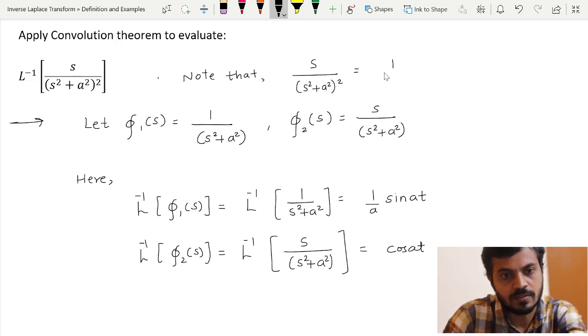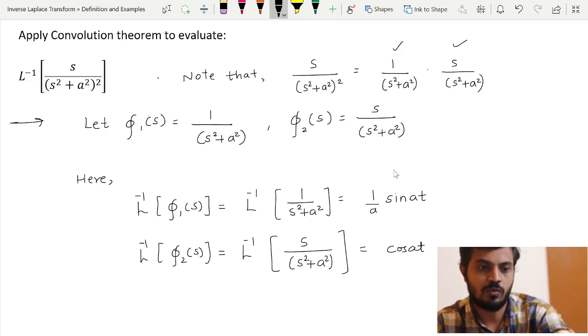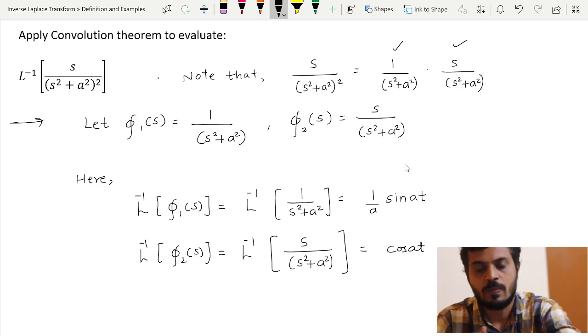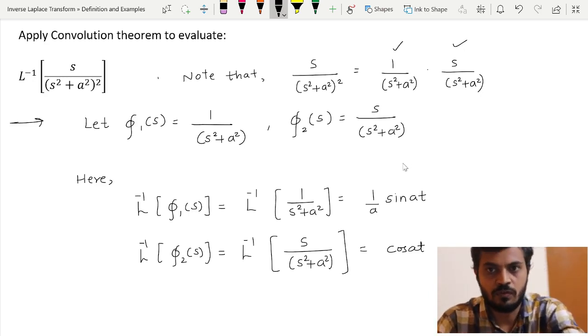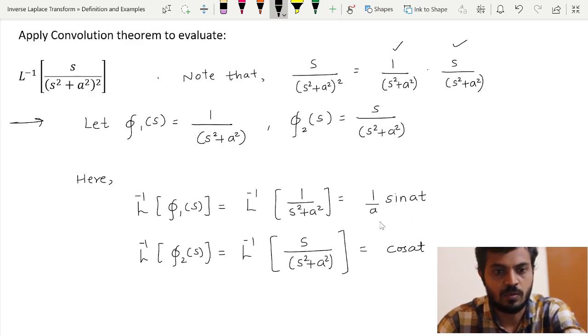This thing can be written as 1 upon s square plus a square multiplied by s upon s square plus a square, and I am calling this phi 1 of s and this phi 2 of s because the inverse Laplace transform of those two functions is already known to me. And here I have written L inverse of phi 1 of s is 1 upon a sine of at and L inverse of phi 2 of s is cos of at.